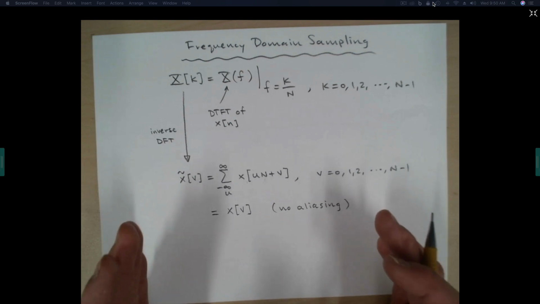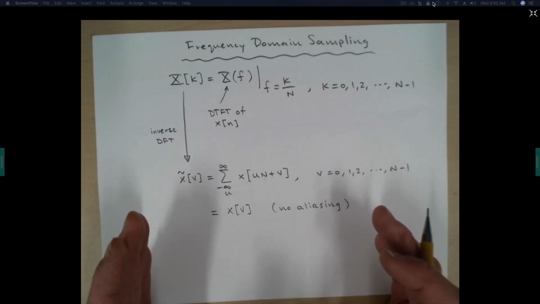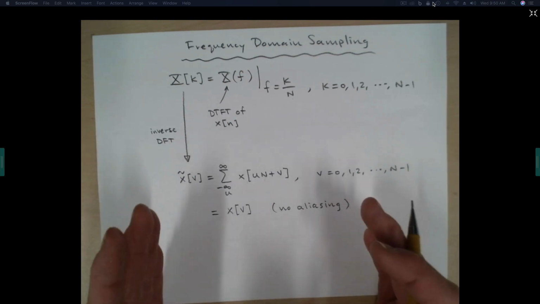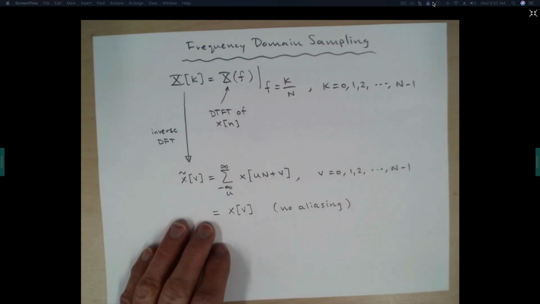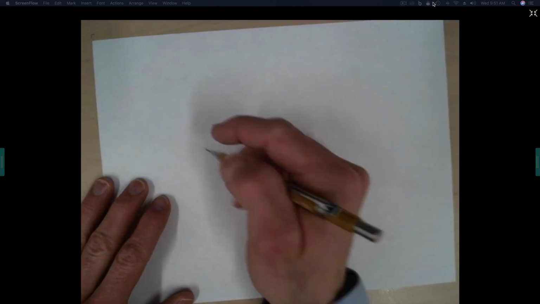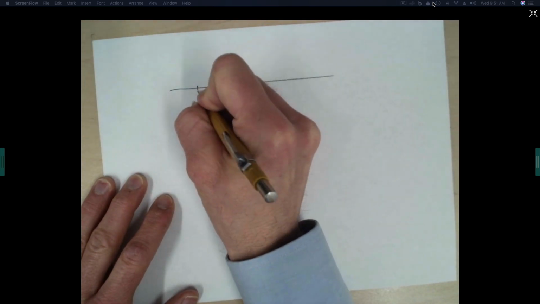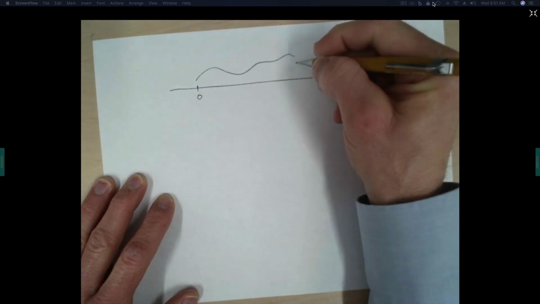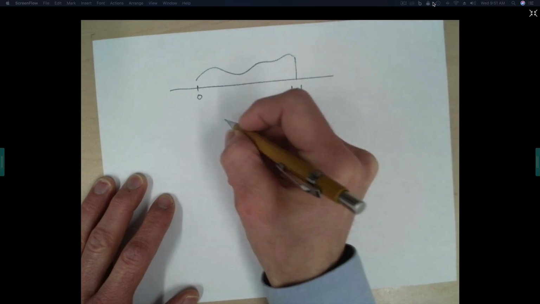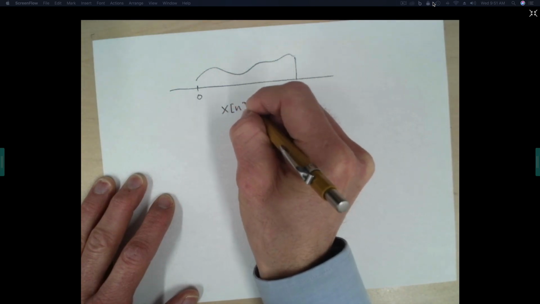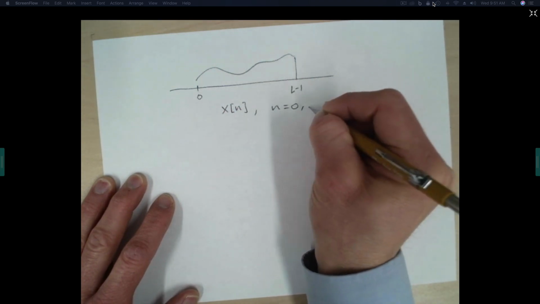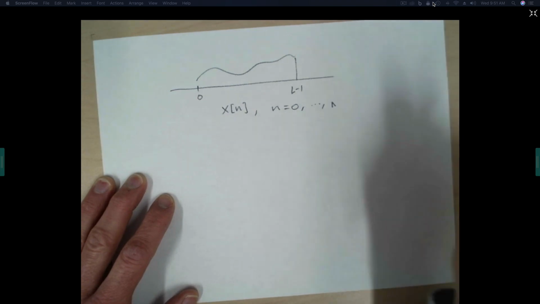Let's say there are L samples that we're given. Let me draw a picture of this. So here's my time domain sequence. It starts at time 0 and it goes over to time L minus 1. So this is x of n going from 0 up to L minus 1.